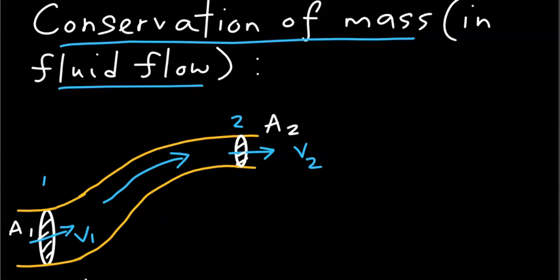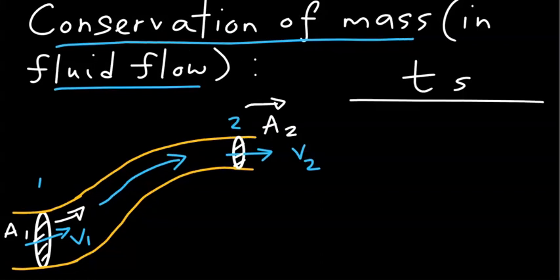Conservation of mass applied to the following system says, in t seconds, there will be a certain amount of fluid that is passing through this cross-sectional area into this part of the tube. And at the same time, there will be an equal amount of fluid going out of this volume through cross-sectional area A2.